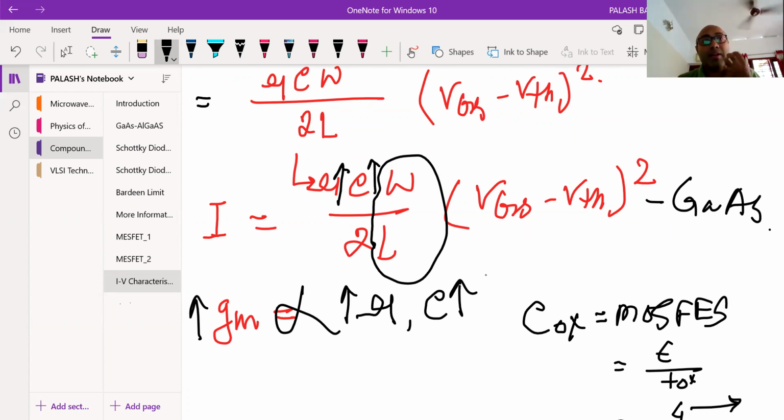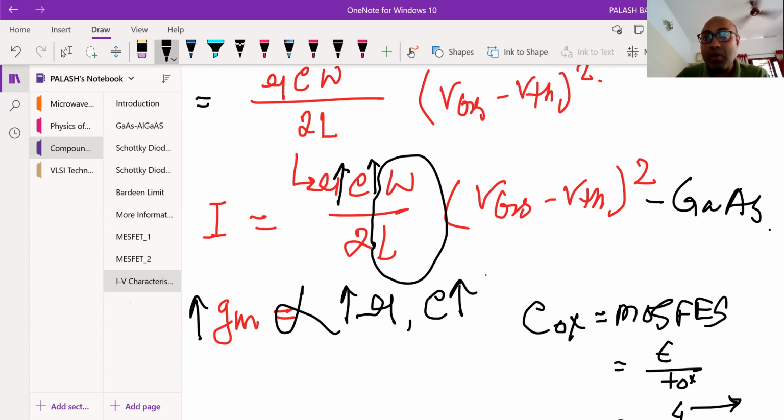Another thing is that this MESFET structure has some added advantage. The carriers are flowing through the bulk. Since the carrier is flowing through the bulk, it does not suffer any kind of collisions. Scattering is very, very low, so mobility is very high. Moreover, the thickness for the capacitor is nothing but the depletion layer thickness, which is equally low.